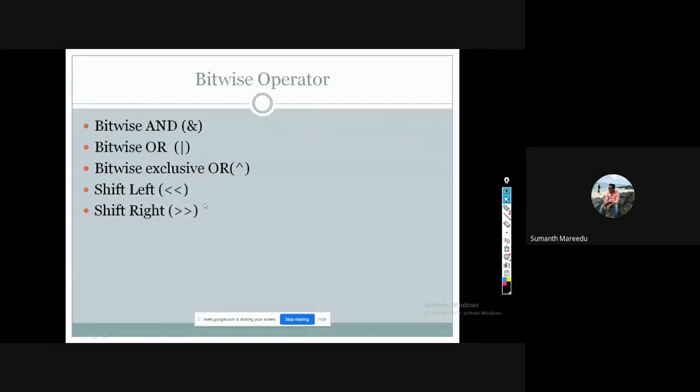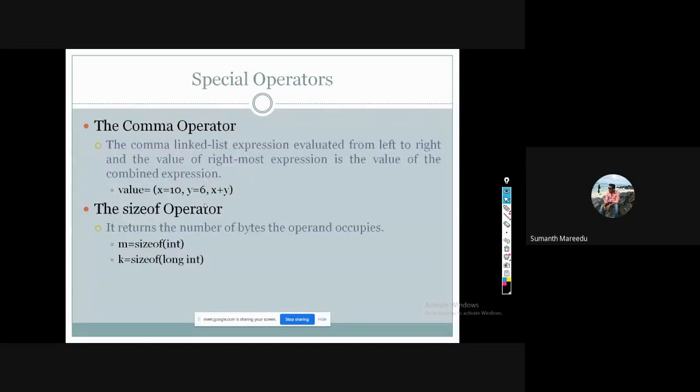So clear with bitwise operators? Next, moving on to the last category of operator, that is special operators. We have the comma operator, a normal comma which we use in regular English.